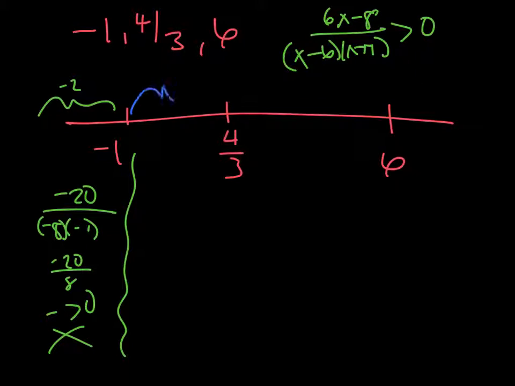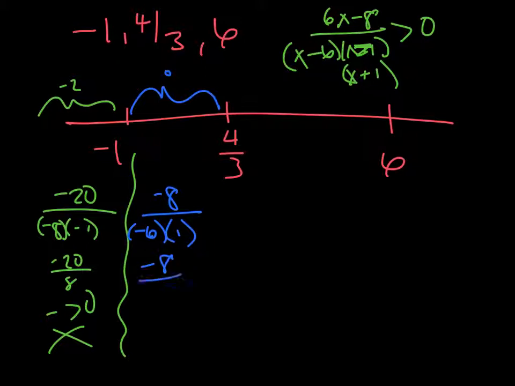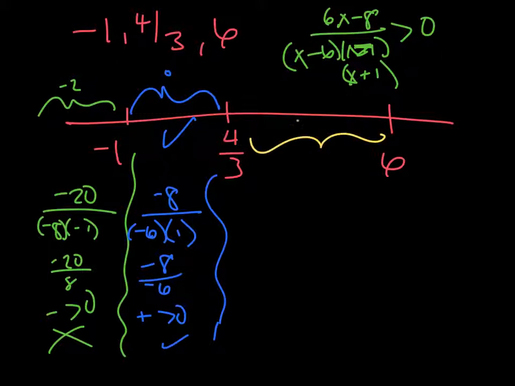In between -1 and 4/3, I'm going to try 0. If I plug in 0, I'm going to get -8 over -6 times, let me rewrite this. This should be x plus 1. It's easier to read. That's -8 over -6. That's a positive number, which is bigger than 0. So this one is good. Then between 4/3 and 6, let's try maybe 2.